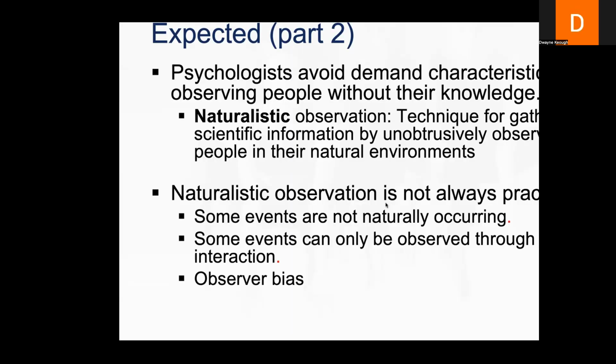Some events are not naturally occurring, fair enough. Some events can only be observed through direct interaction. And even when we sit and watch people behave, does it somehow introduce observer bias? Am I making notes about these kids playing that would be consistent with, oh, that's just a kid thing to do?